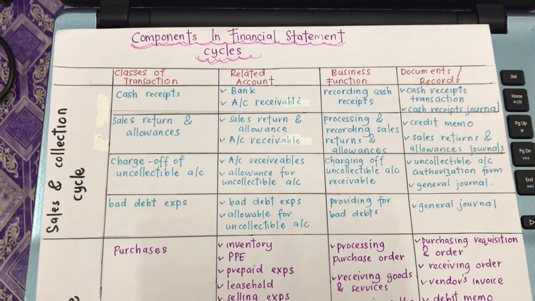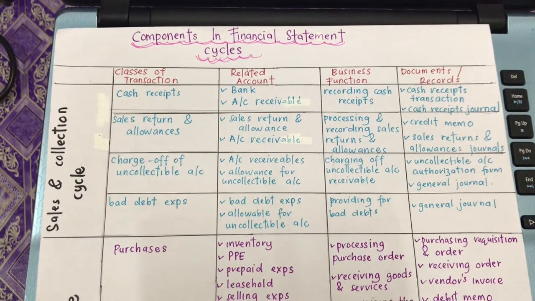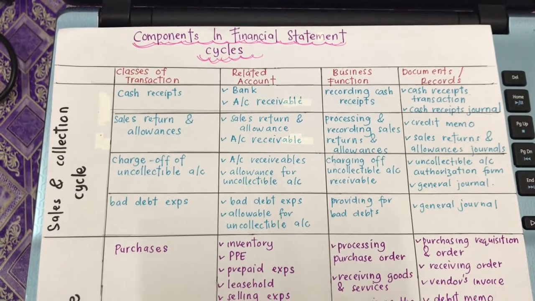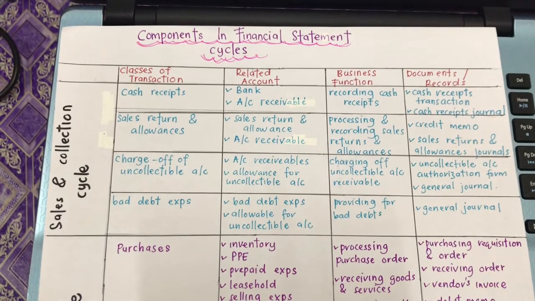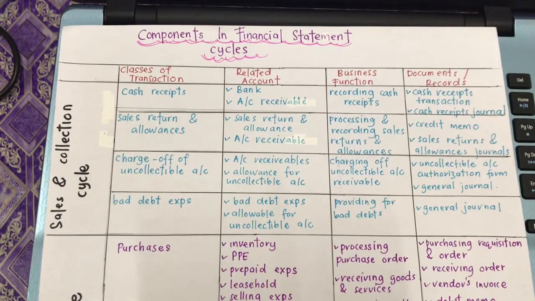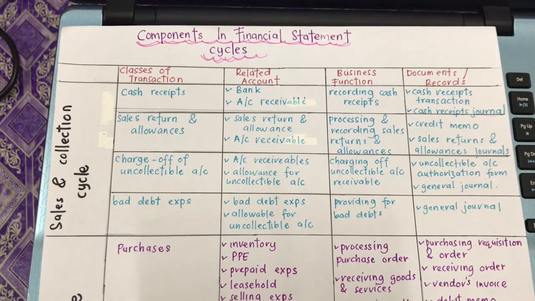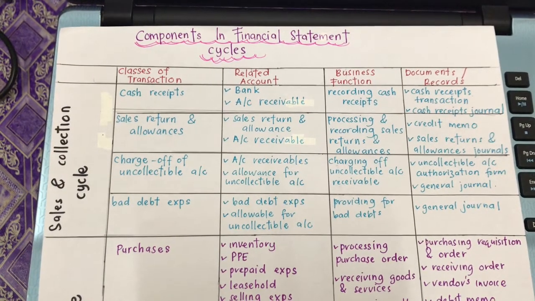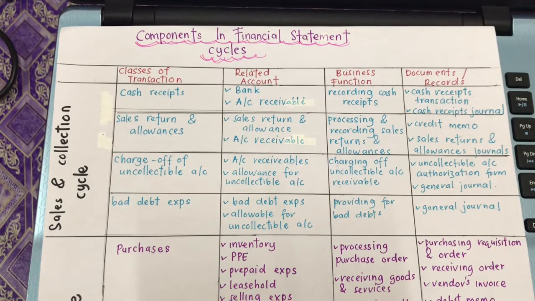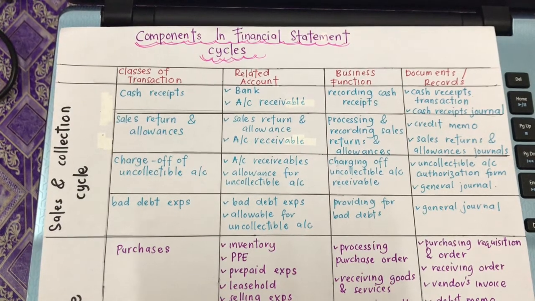Sales return and allowance is related to sales return and allowance and account receivable. The business function is processing and recording sales return and allowance. It can be recorded in credit memo and sales return and allowance journal. Charge of uncollectible account is related to account receivable and allowance for uncollectible account.